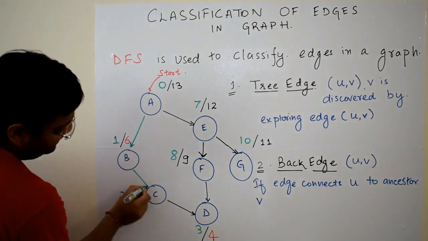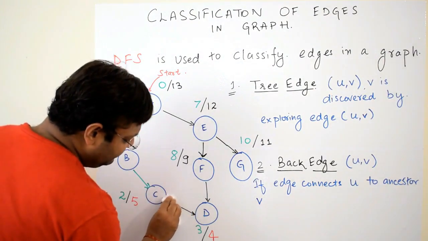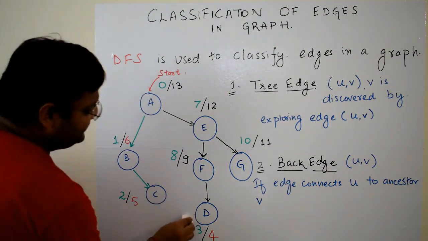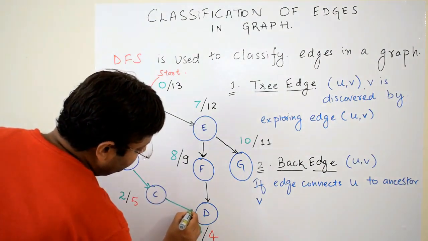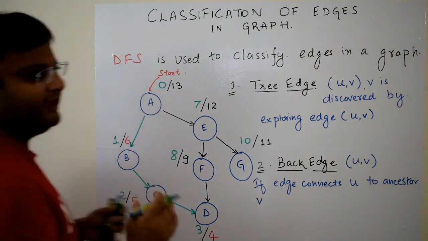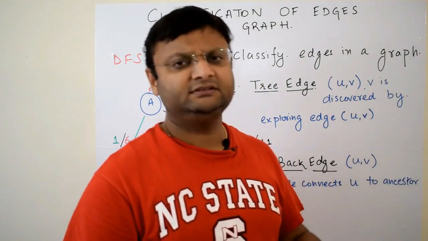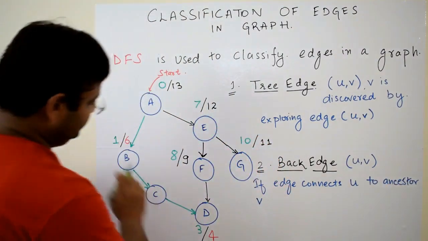Now from C to D, again a tree edge. So tree edge is one of the simplest edges to identify. It's the normal edge in case of a DFS, the normal edge which you take to explore subsequent neighbors from a particular node. So these are all tree edges.